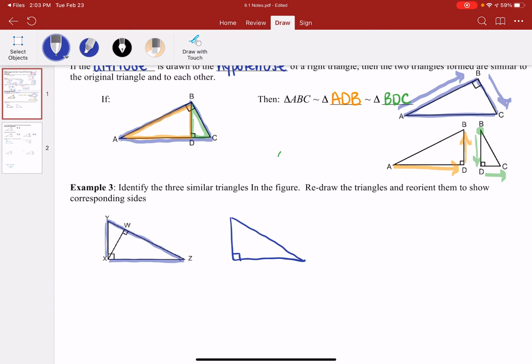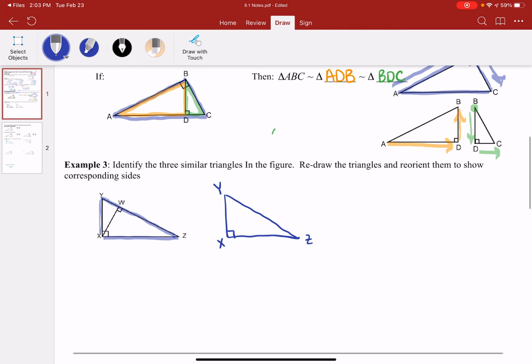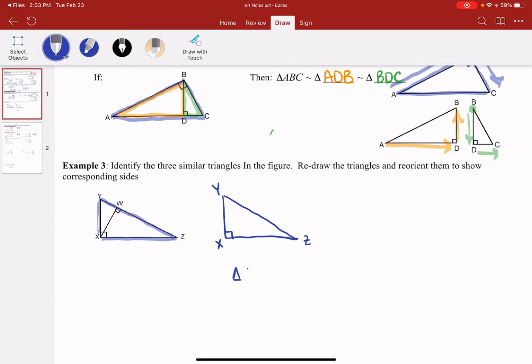Here's my right angle. I had a Y up at the top. My right angle is X. And then this angle over on the right is Z. I guess I don't care what you start with. We can start with the right angle and I'll go in alphabetical order. That would be X, Y, Z. And then I'm going to do my squiggle for is similar to.